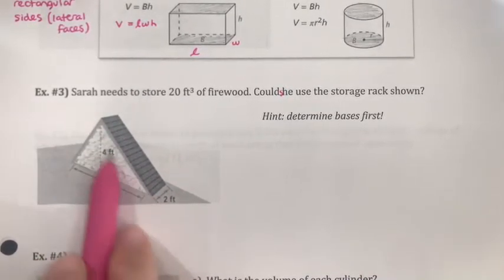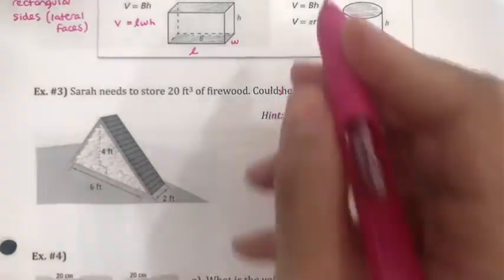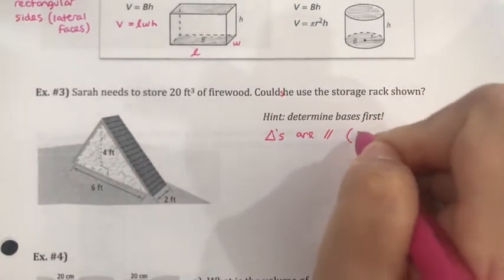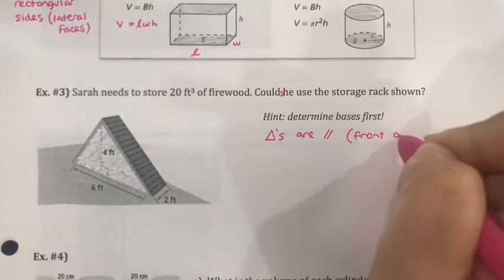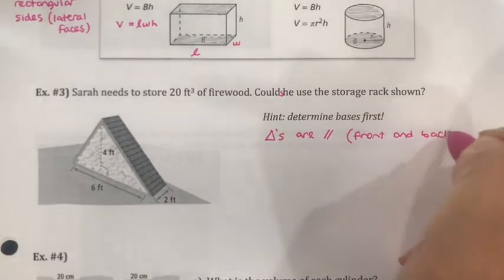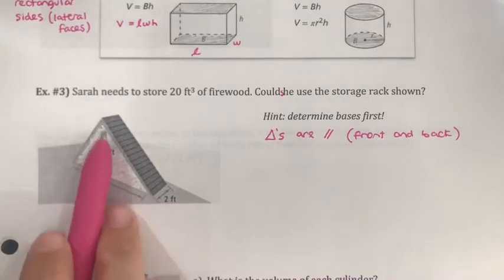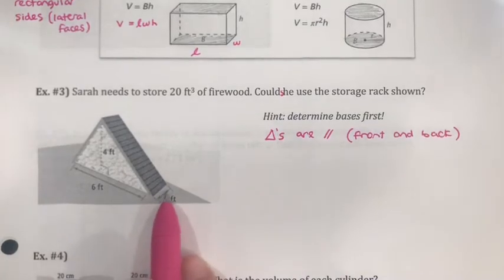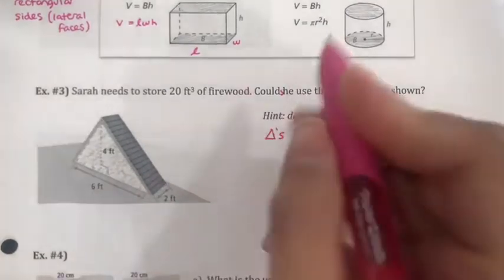So really the parallel parts are the triangles, basically the front and the back of this figure, okay? So here's the front, the back is behind it, you can't really see it. So the height is the distance between the bases.